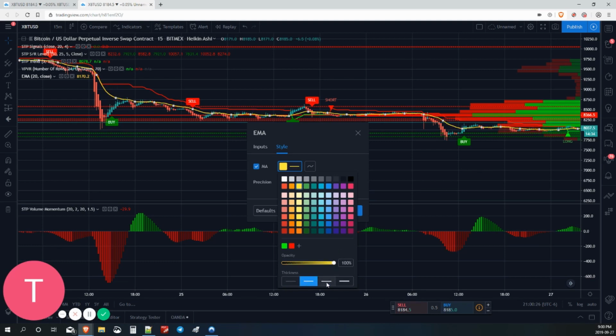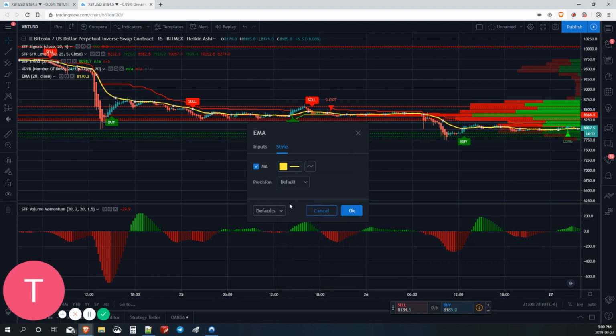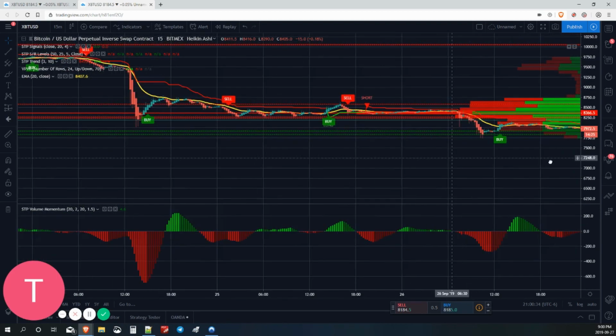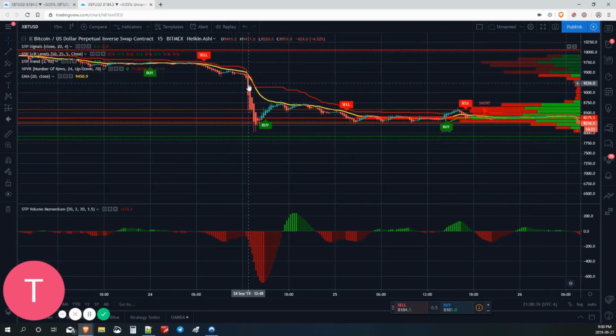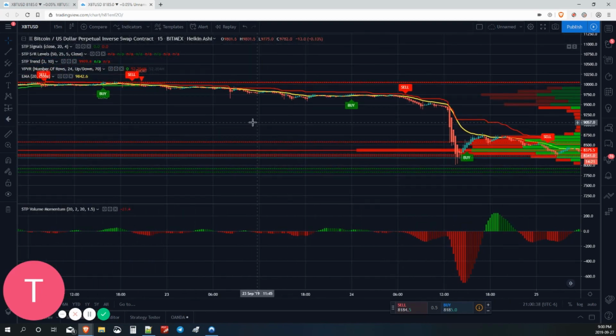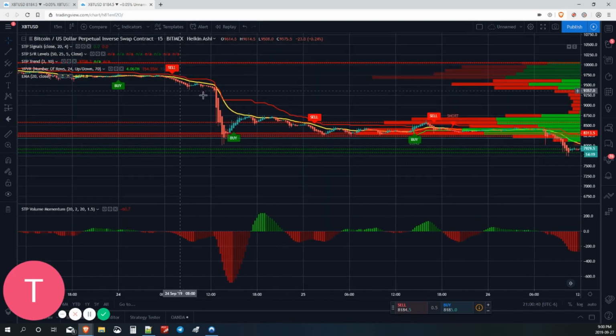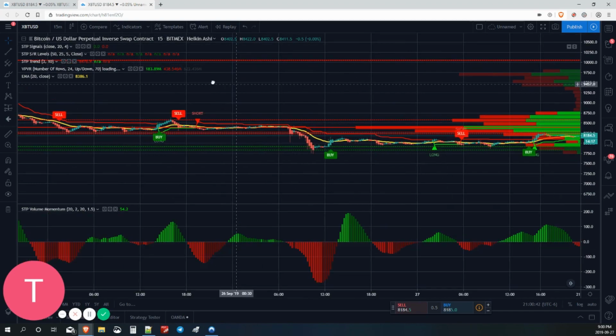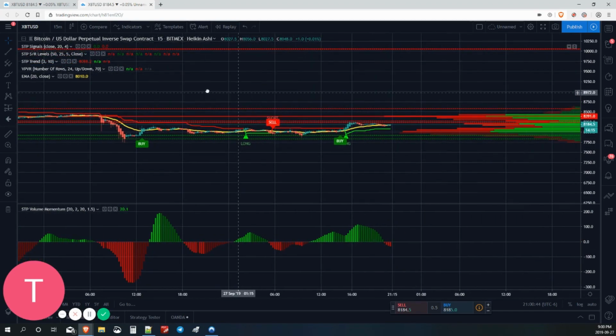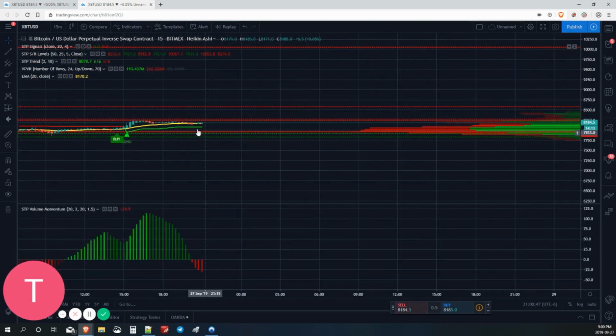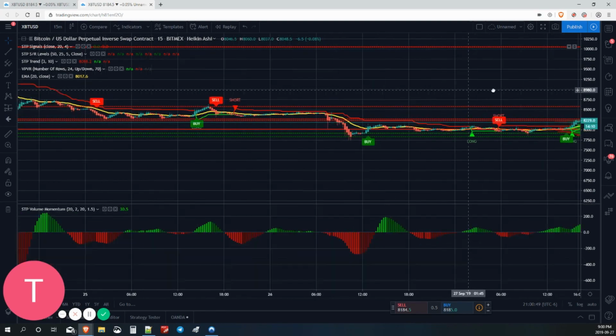You can also adjust the thickness of the line if you want. Whatever you want to do, I'll just click save as default here. So it's helpful to know, right? Anytime we break the EMA drastically, there are big moves. If you're looking at this sort of stuff, it's helpful to know where things are in terms of market direction and previous moves.